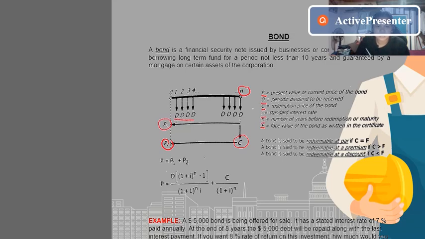So, we have our formula for our P, or the present value. We have D multiplied by (1 plus I) raised to N minus 1 divided by I times (1 plus I) raised to N, plus C divided by (1 plus I) raised to N. So, a bond is said to be redeemable at par if C is equal to our F. So when redeemable at par, C is equal to the face value of the bond.